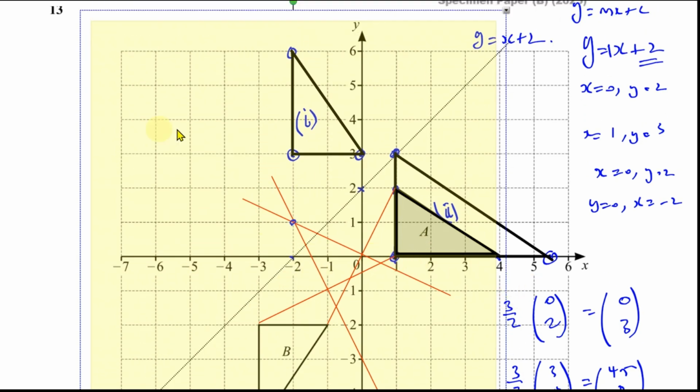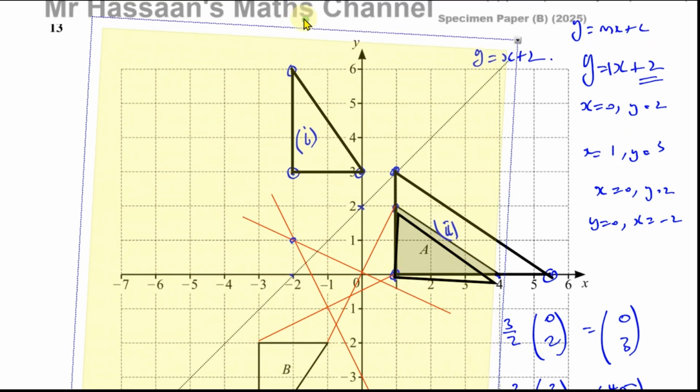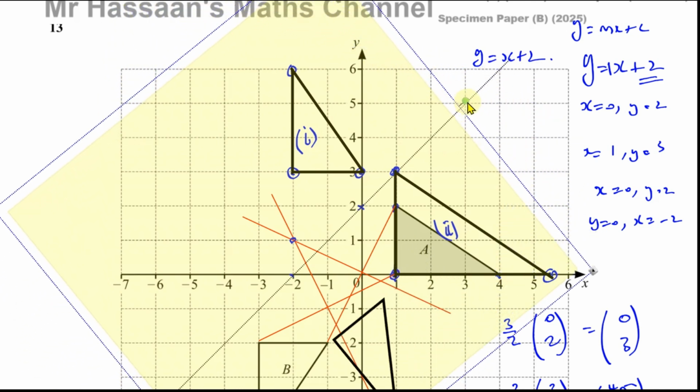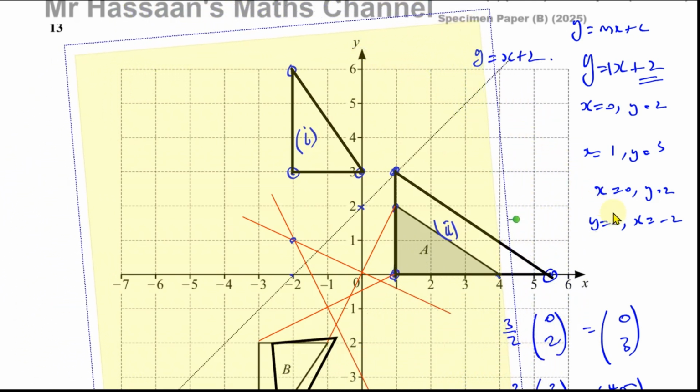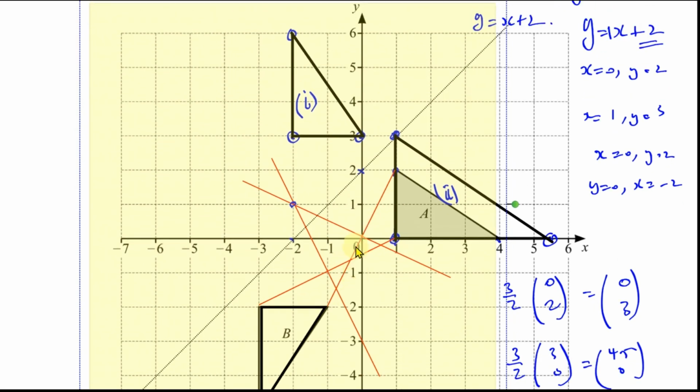So you would trace the shape on the tracing paper, and put your pencil on the point which you think is the center of rotation. If we think this is the center of rotation, we put the pencil on this point, and then we rotate the object and see if it fits over the image. And if it does, then we know we've done the right thing. So we can see that it does. So we know that must be the center of rotation.